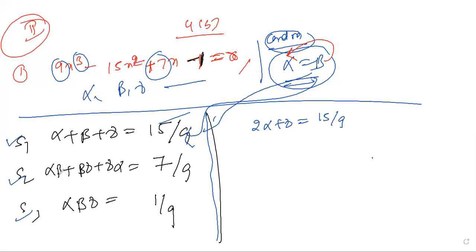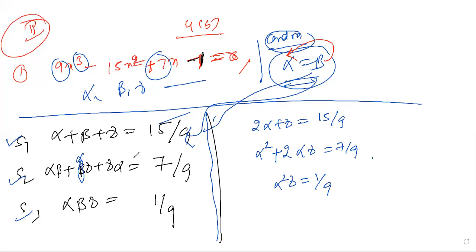Then here alpha square plus 2 alpha gamma is equal to 7 by 9. Then here alpha square gamma is equal to 1 by 9. This is the story.